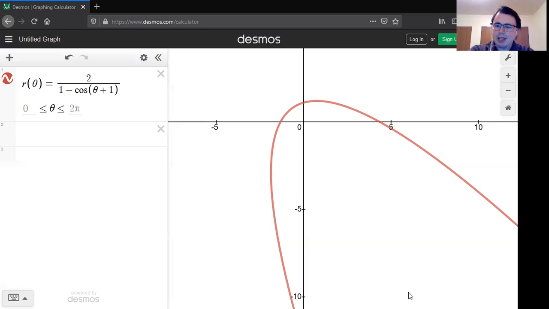In order to calculate the arc length, I'm going to perform a similar integral to what we've seen before. We've done arc lengths in rectangular coordinates. We've also done arc lengths for parametric curves.